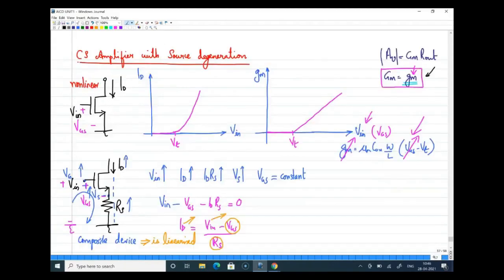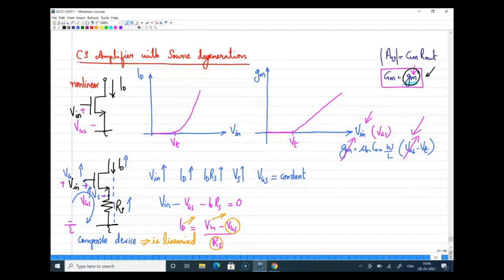Previously when you had Gm equal to gm, as gm varies, your gain also will vary. What we actually want is to make gain a weaker function of small gm, so that gain will not vary much. That is our ultimate idea in adding an RS.